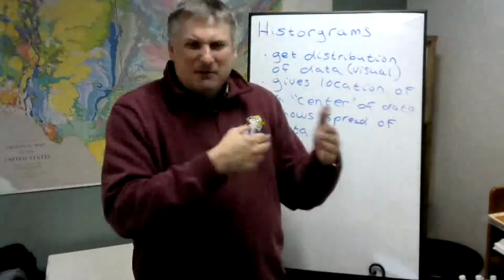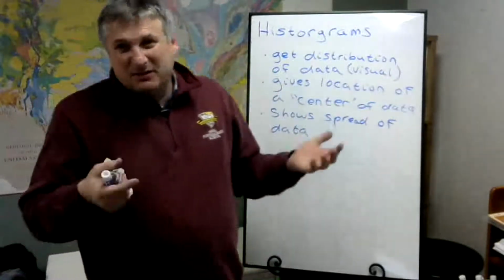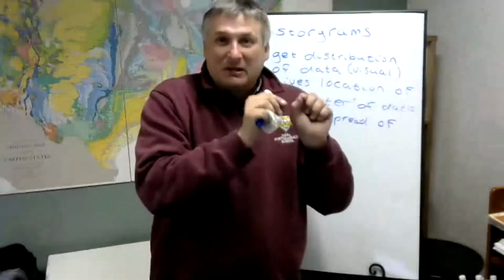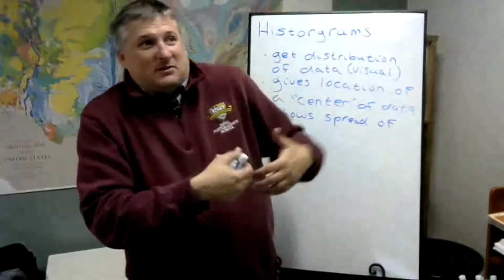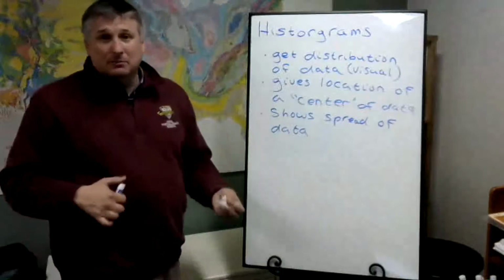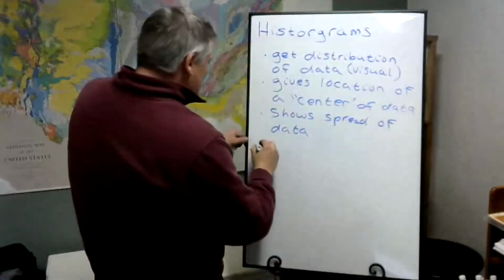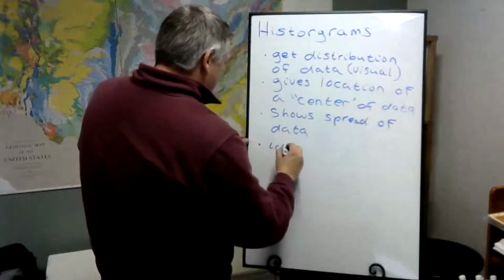Are we dealing with very narrow figures, like we're dealing with, say, 70 to 72, and all the data is packed in there? Or again, it's spread out 0 to 1,000. So it gives us an idea of how spread out or not spread out our data is. Finally, you can use it to identify outliers.